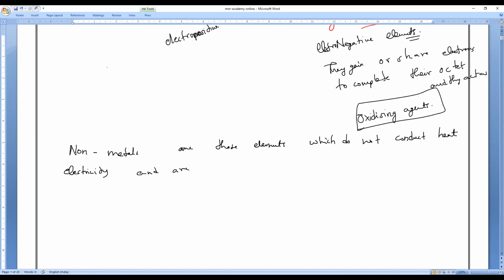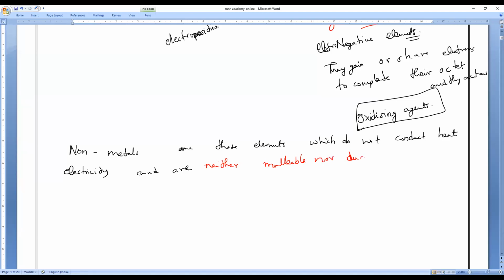Can anybody tell? Already people know, it is familiar, you might have studied it in lower classes. There is an exemption: a non-metal which is a good conductor of electricity.